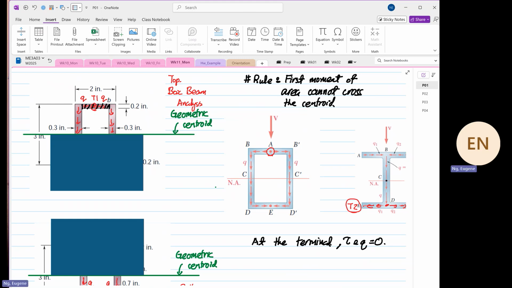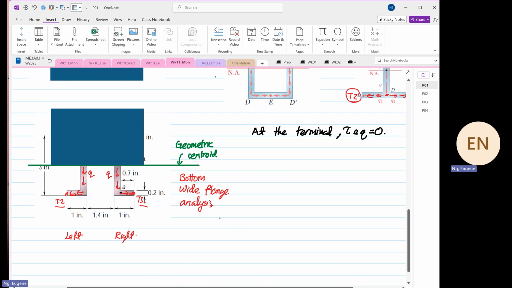Because it has to start from the what? Start from the terminal. And then for point A, it has to start from the terminal, so we only need to consider this area. All analysis starts from the terminal. Because at the terminal, shear stress is equal to what? 0. Shear flow is equal to what? 0. Are we clear? Okay, so get this into your mind first.